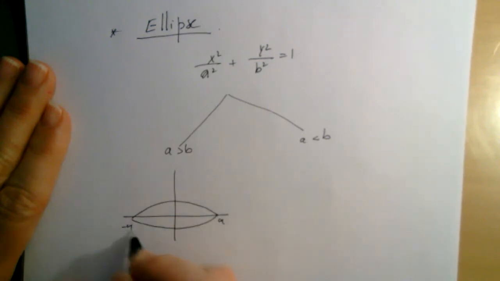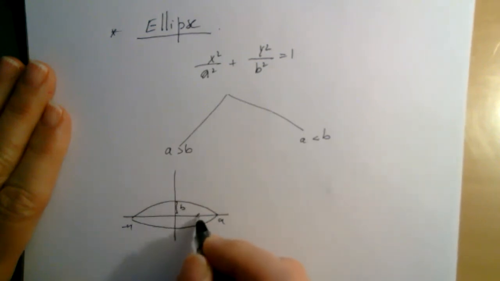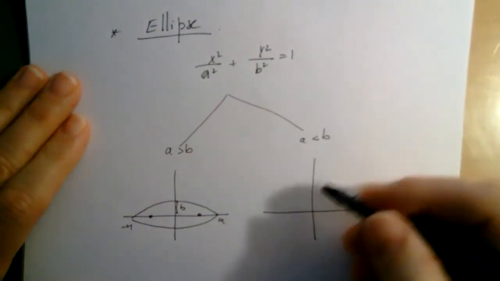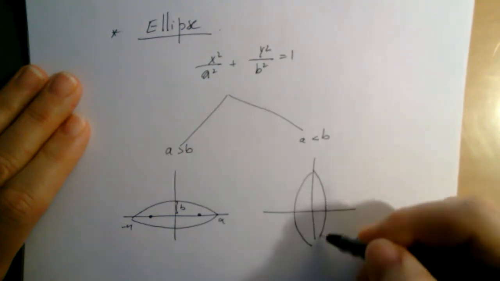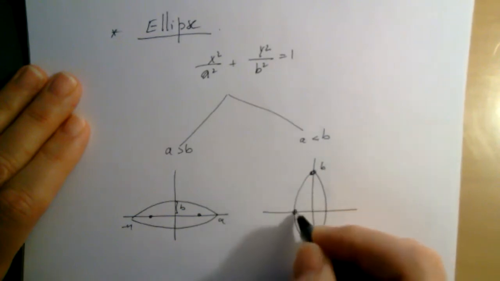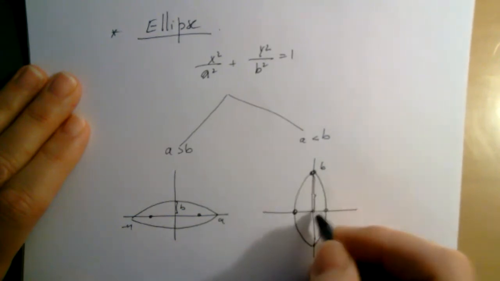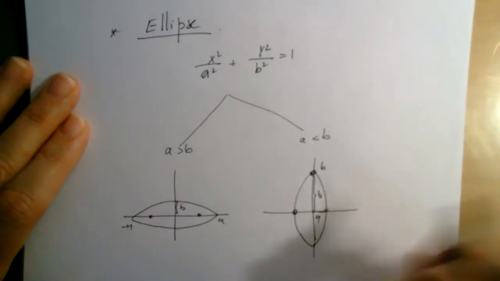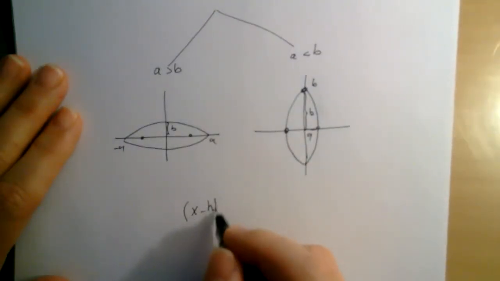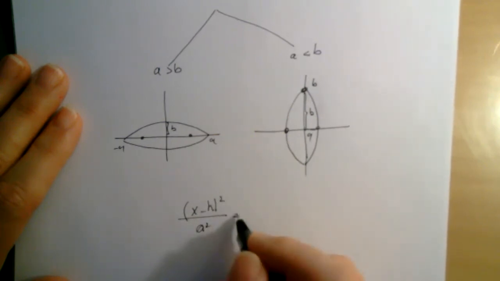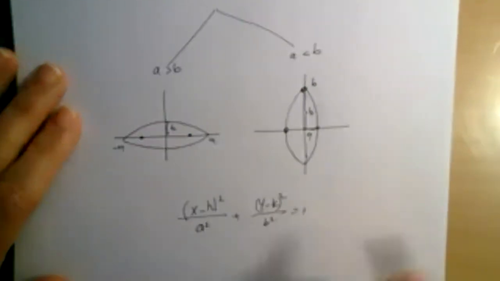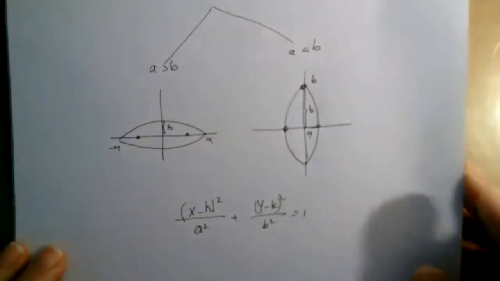That's the a, the minus a, that's the b, and the foci were here. For a less than b, it was elongated vertically. These are the vertices, and these are the a. So always this is the b, and this is the a. And then we shifted them, and when we shift, the only thing that changes is the equation; everything else remained the same, but the equation is slightly different. Instead of x, we have x minus h.